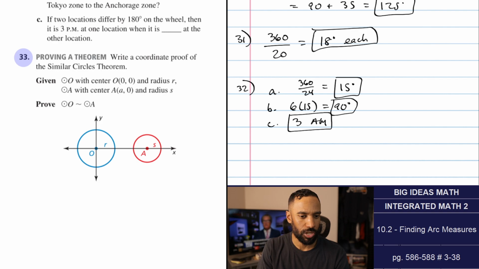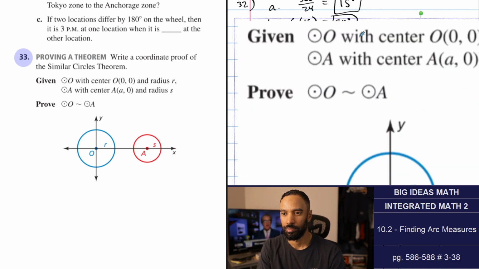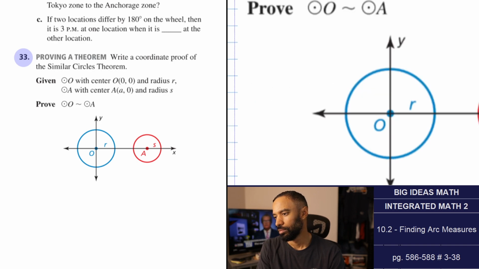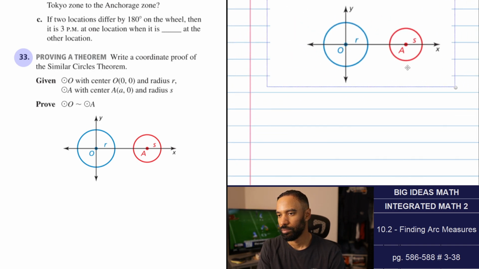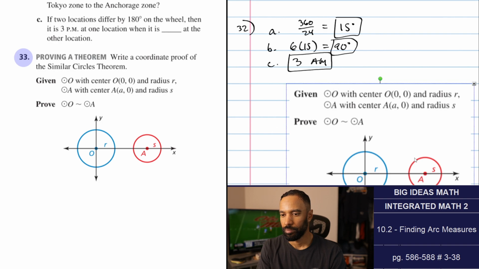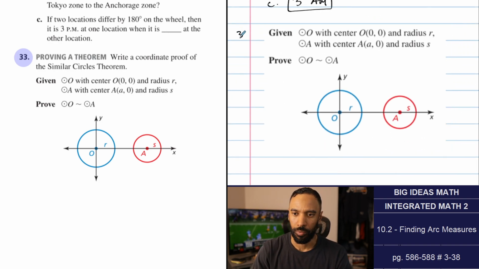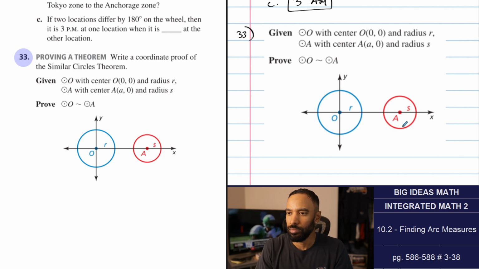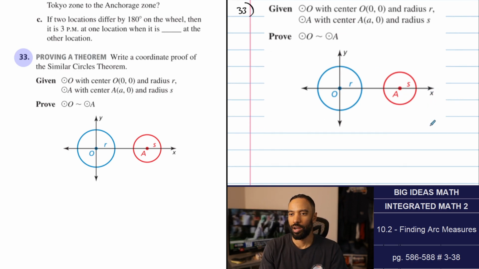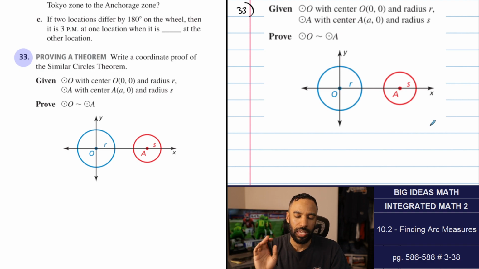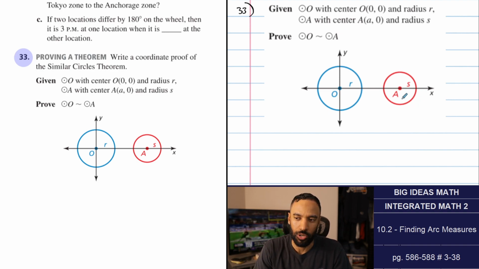Let me just bring this over and see what I can do with this. Okay. So number 33. First thing we want to do, it's kind of what we did before. I'm going to take circle A and translate it over here.